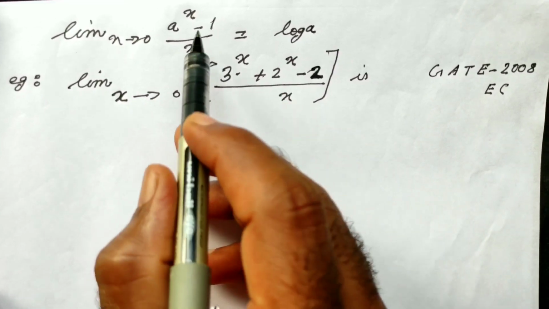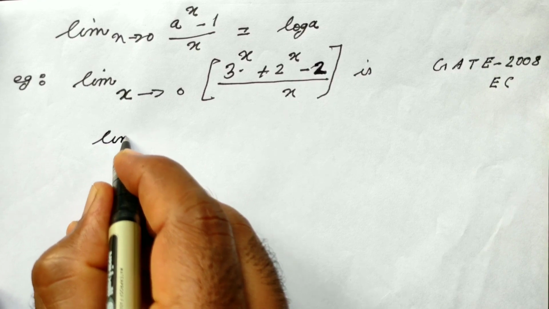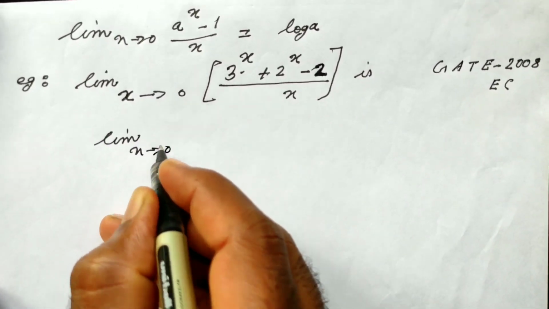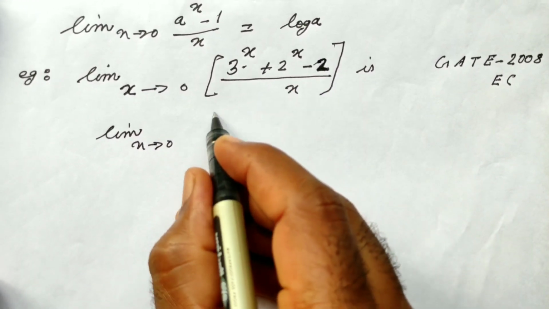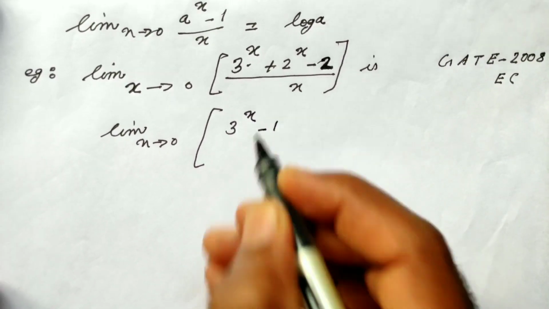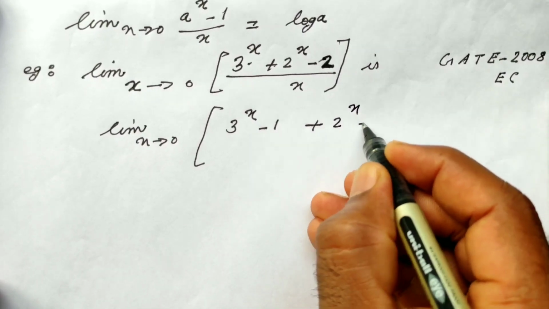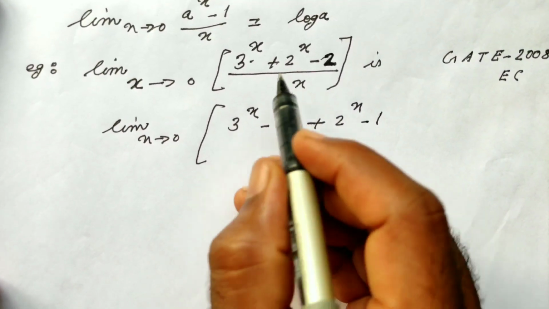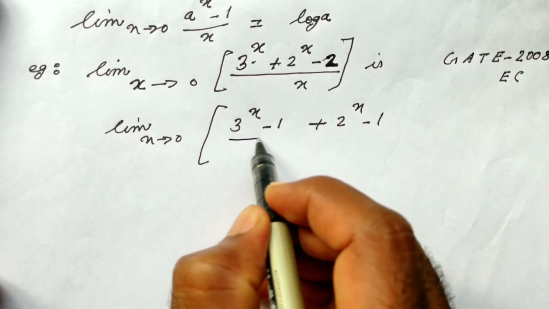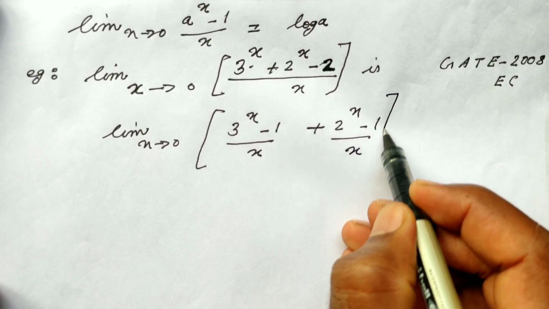It is also in the standard form, but we have to make some rearrangements, that is limit x tends to 0. This 2 can be written as 3 raised to x minus 1 plus 2 raised to x minus 1, and dividing with x for each term, that is divided by x, and here also divided by x.